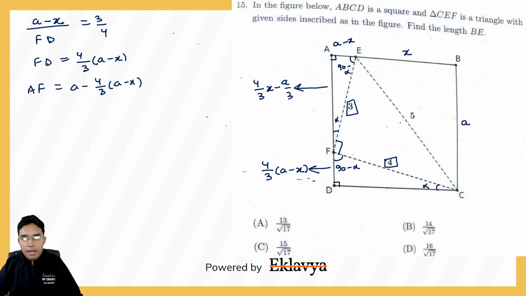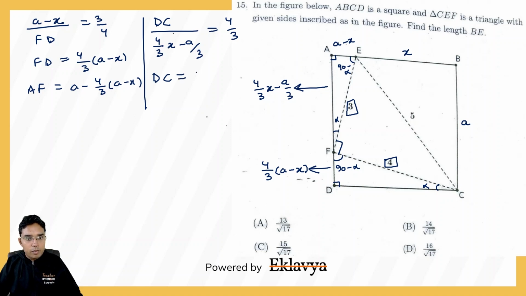And this DC side, which is opposite to this angle 90 minus alpha, upon this side length 4 by 3 x minus a by 3, that is opposite to 90 minus alpha in this similar triangle, this should also be 4 upon 3.